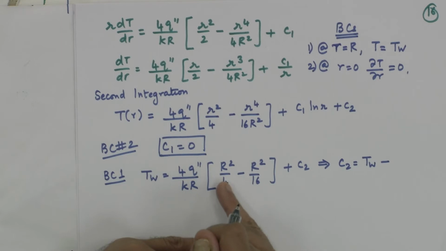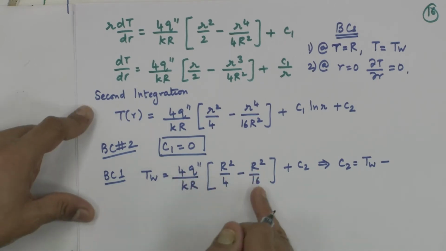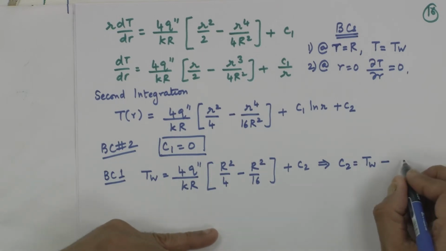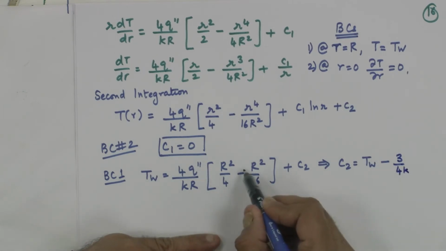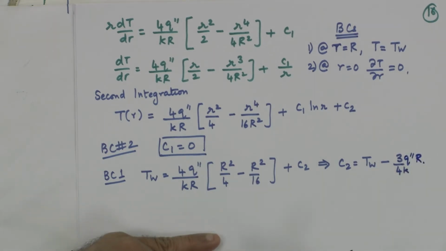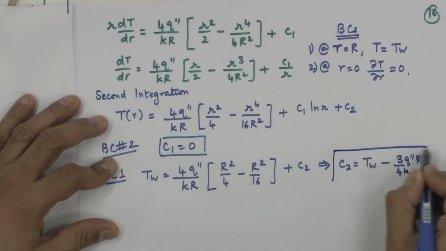So, this is 4 by 16 minus 1 by 16. So, 3 by 16, 4 and 16 will cancel. So, you get this as 3 by 4 k, one R will cancel with one of the R's here. So, q double prime capital R. So, C2 is this quantity.